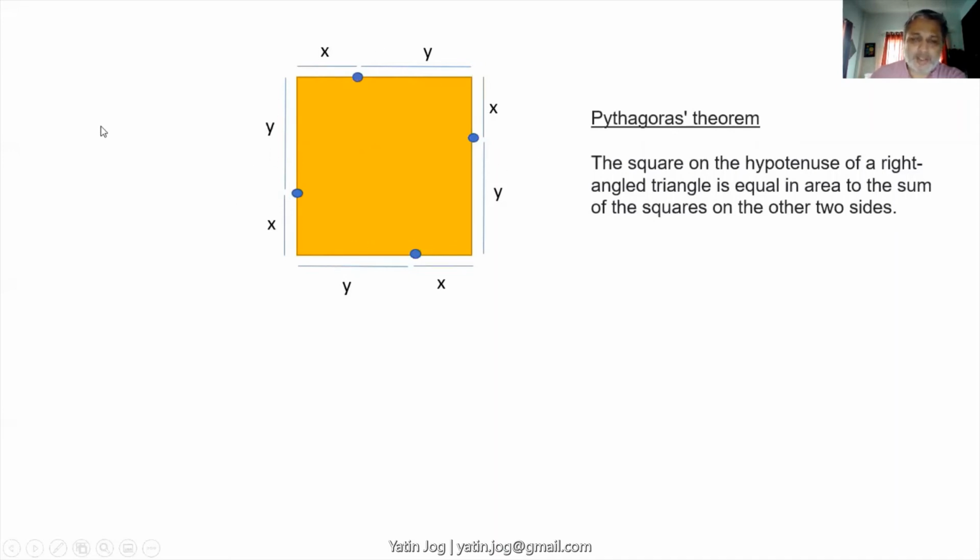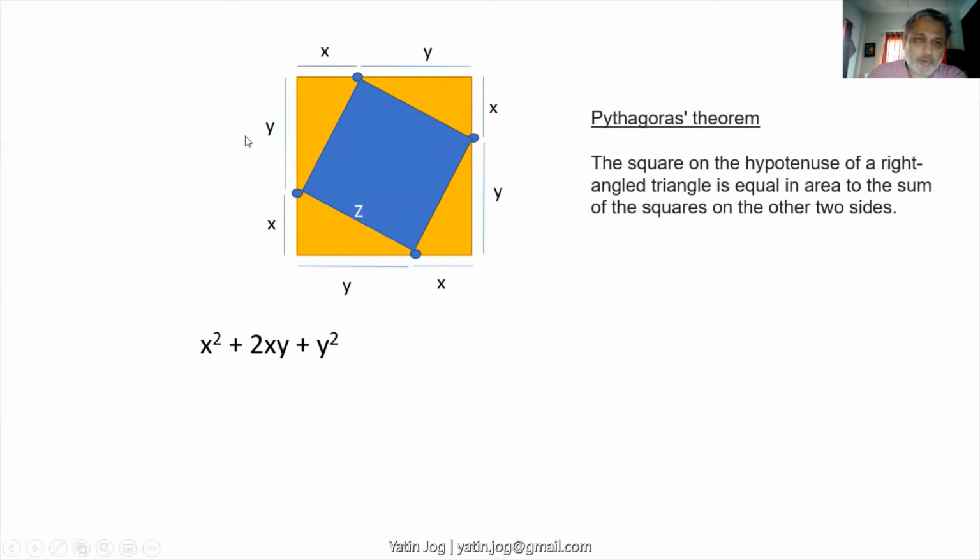The total length of one side is x plus y, and the area is (x plus y) bracket square, and that is x square plus 2xy plus y square. This is the total area of the square that we have seen on the previous slide. Now if I connect all these 4 arbitrary points, I am getting another square. Let us call the side of that square z.